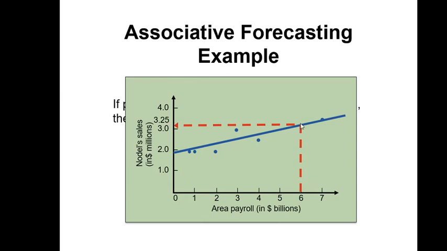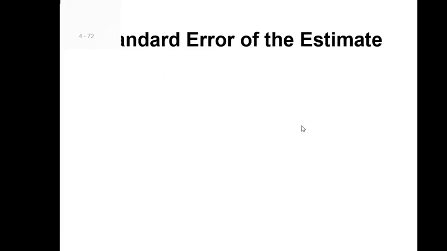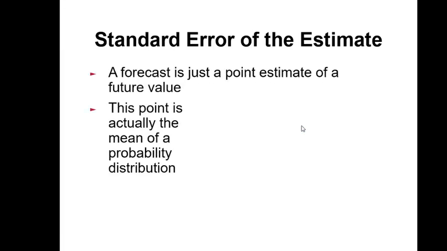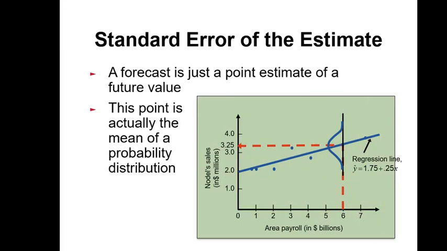Now we call this a point estimate. How about if we need to look for an interval estimate? Now we have to calculate something new, which we call the standard error of the estimate, the SEE.